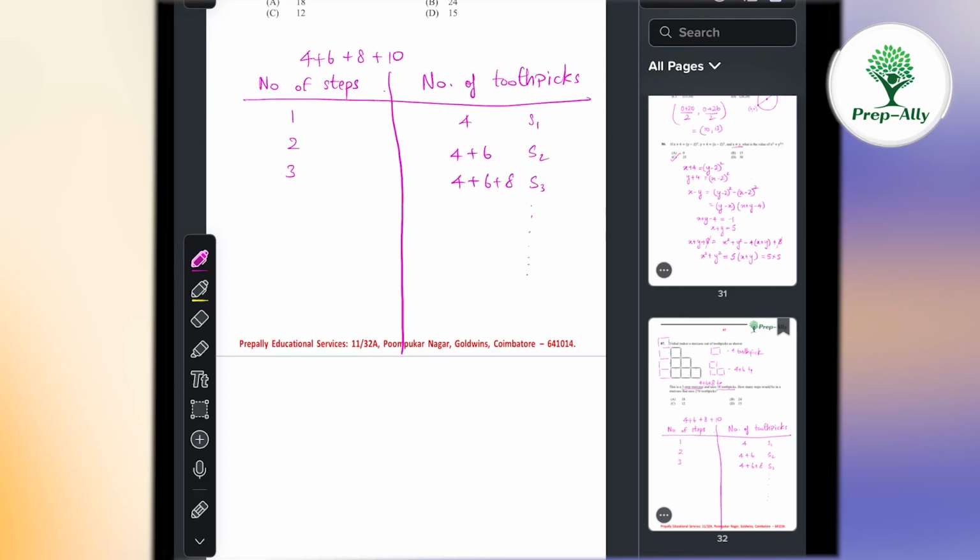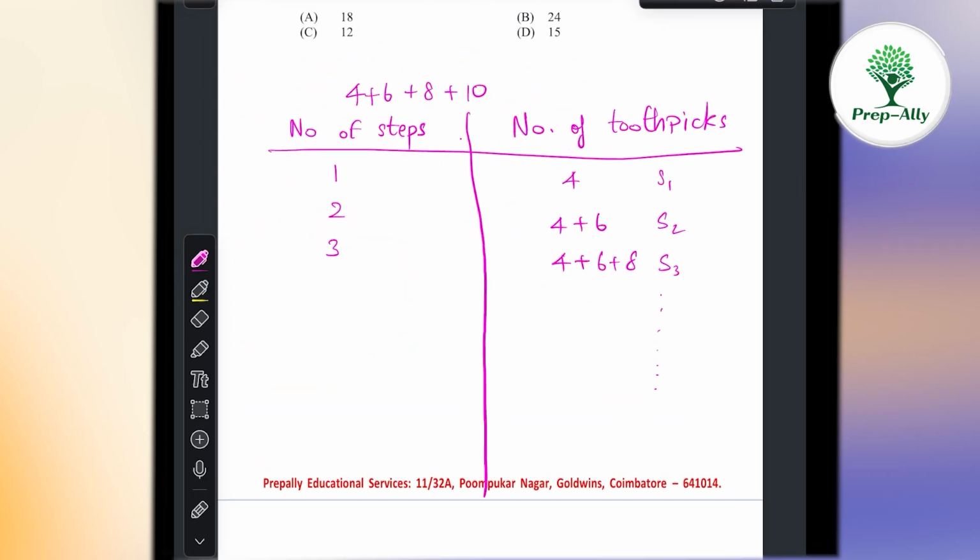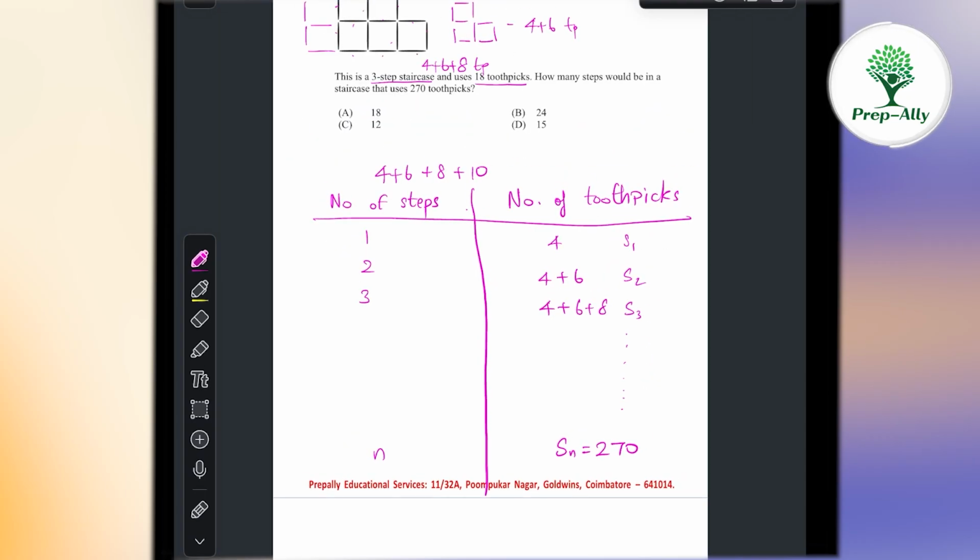In this AP, what are we asked to find? We're told that the sum Sn is equal to 270 and we're asked to find n. In this AP, the first term is 4 and the common difference is 2.